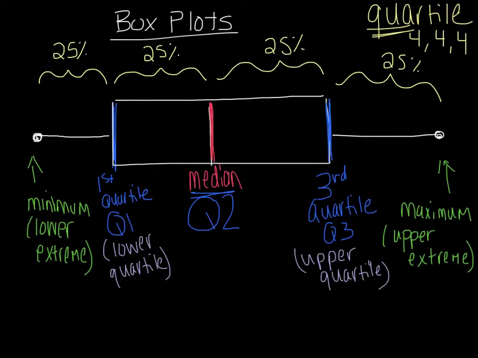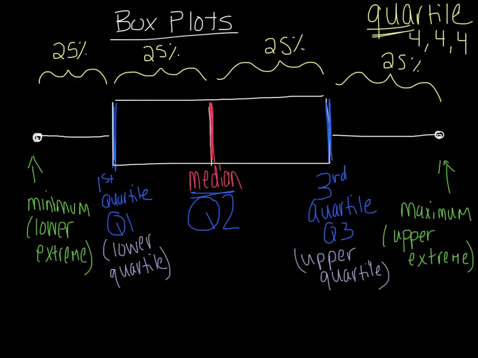At any given point I can tell you where, say, the middle 50% of the data fell. It would be in these two middle quartiles because there's 25 and there's 25. Or I could talk about 75% of our data. The numbers between here and here would be 75% because we've got 3 quartiles, and each quartile will always, always, always be 25%.